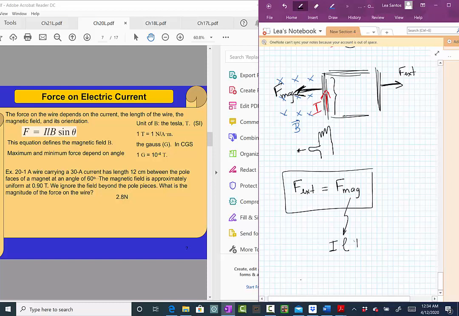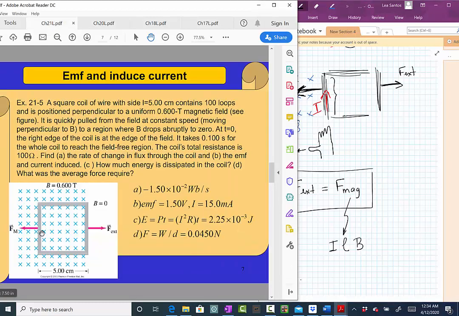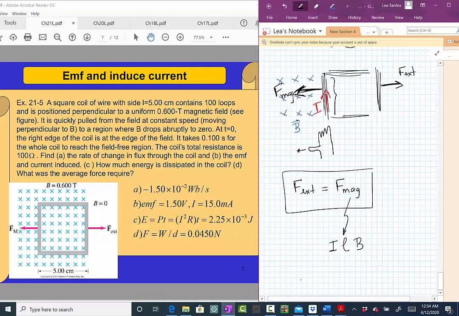The magnetic field. Okay, and then we have the sine of the angle. What is this angle? This angle is the angle between the current and the field. What is the direction between the current and the field? Well, the current is going up, no? So the induced current is going up. The magnetic field is into the page, so the angle is 90 degrees.